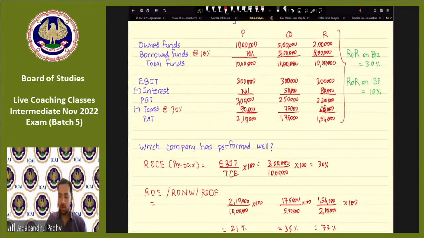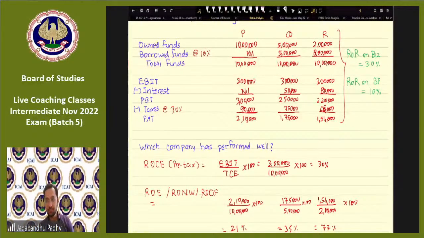No doubt, P is earning the highest absolute profit. However, P's 2,10,000 profit is earned by investing 10 lakh by the equity shareholders. Company Q's 1,75,000 is earned by investing 5 lakh. And R's 1,54,000 is earned by investing just 2 lakh. So which company's shareholders are having a better return?